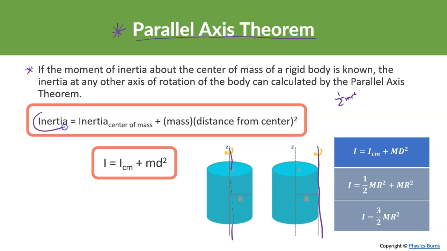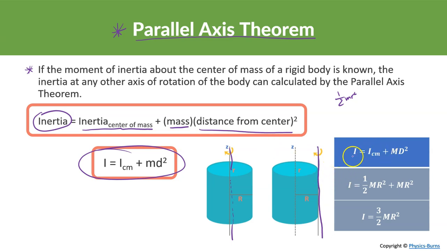So the inertia is equal to the inertia at the center of mass plus the mass times the distance from the center squared. That's how it's going to look. We'll do a few more questions with this. This is just a simple example.